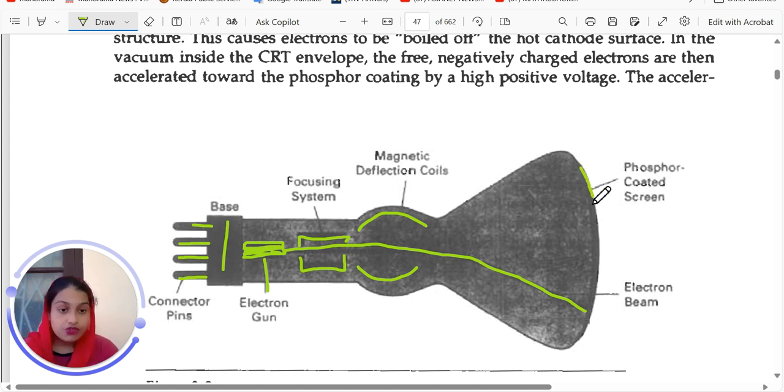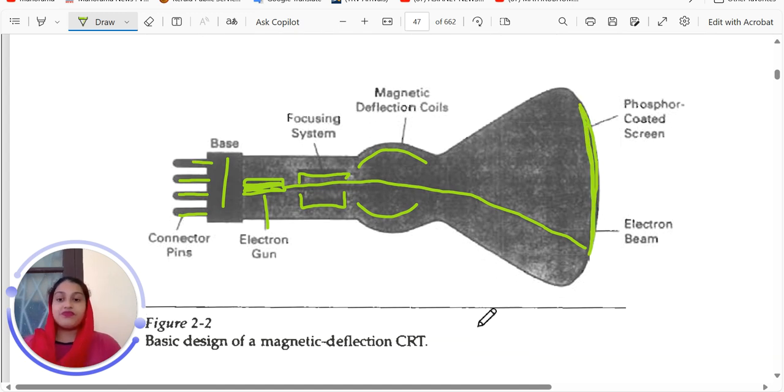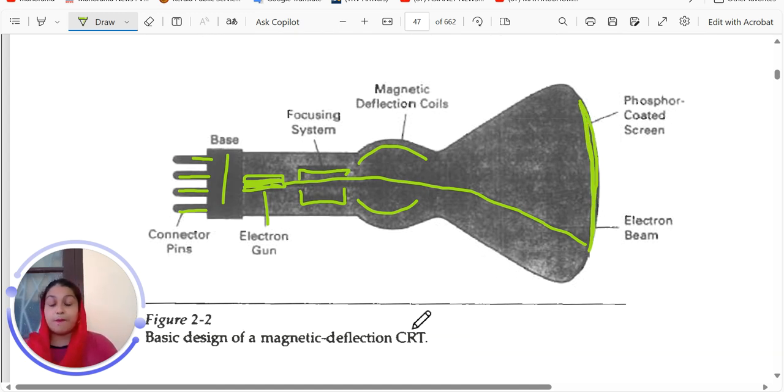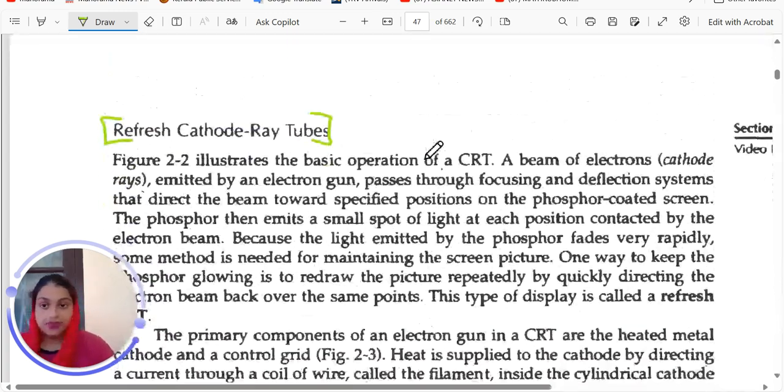Then we have the phosphor coated screen. This is the basic design of a magnetic deflection CRT. We have the connector pins, a base. The electron gun is connected to the base. Then we have the focusing system, and the electron gun releases the electron beam. We have the magnetic deflection coil and the phosphor coated screen.